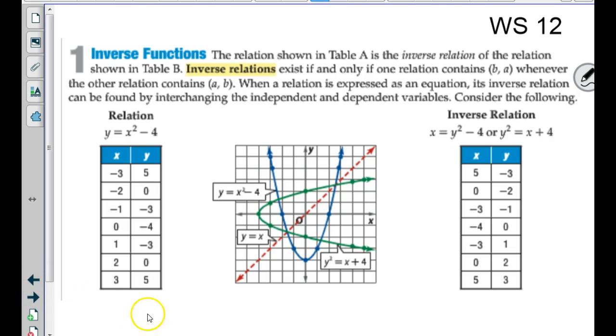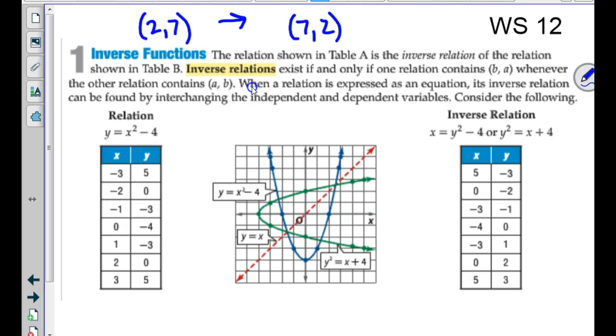All right, so inverses. Anybody remember anything about inverses? No. Okay, the inverse is when you switch the x and the y. So if I had an ordered pair like 2, 7, the inverse would have an ordered pair of 7, 2.